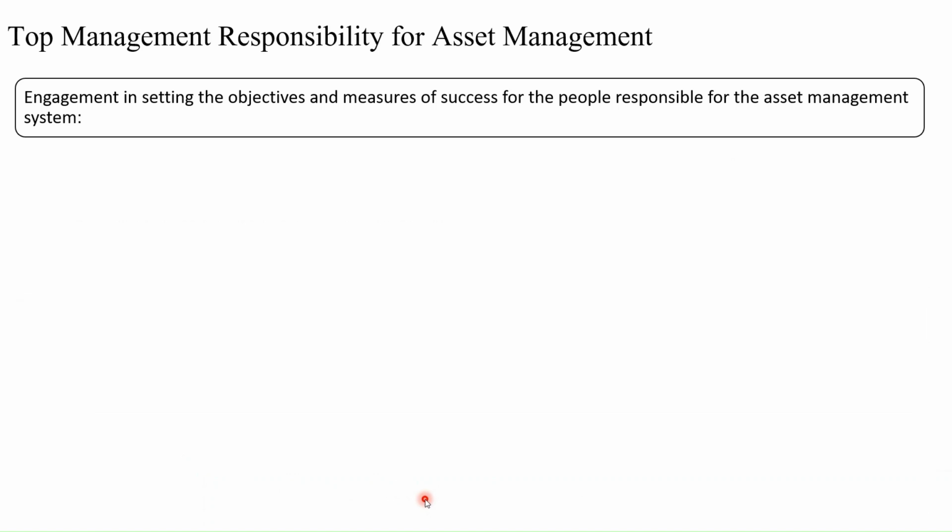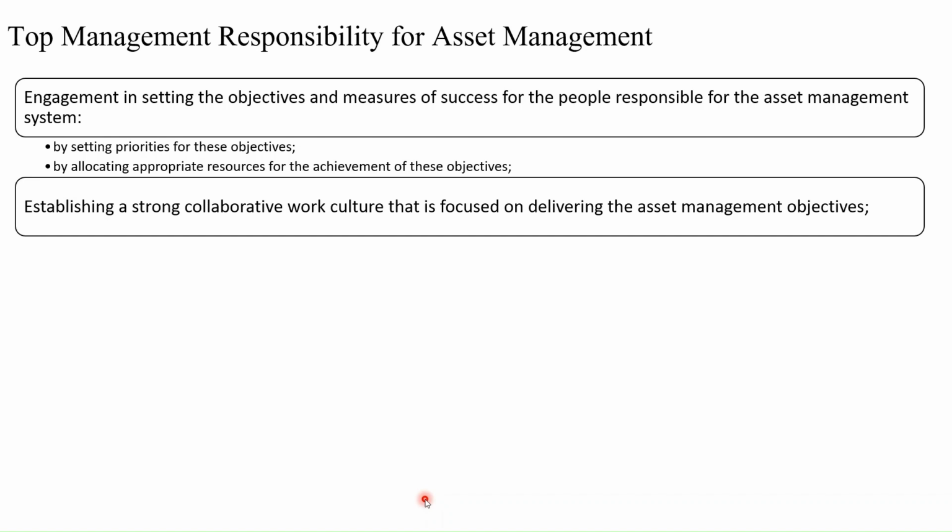Top management responsibility for asset management. Setting priorities. Identifying and ranking key objectives based on their impact on asset performance, reliability, and overall business goals. Allocating resources. Ensuring financial, technological, and human resources are adequately assigned to meet asset management objectives effectively. Fostering collaboration.